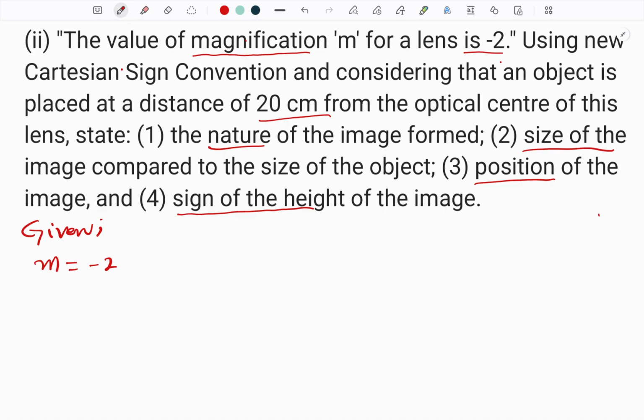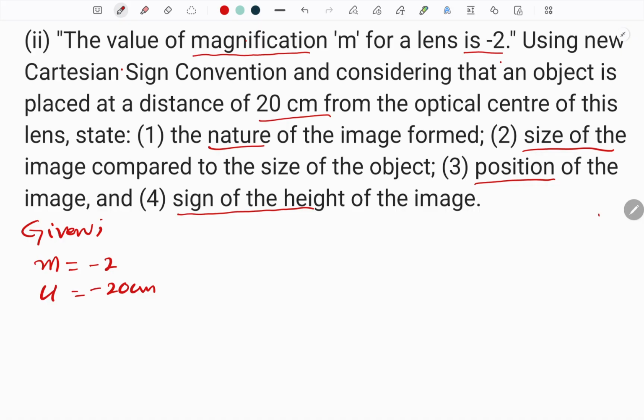Now using new Cartesian convention, the object distance is given as 20 centimeter. Object distance is always minus 20 centimeter.